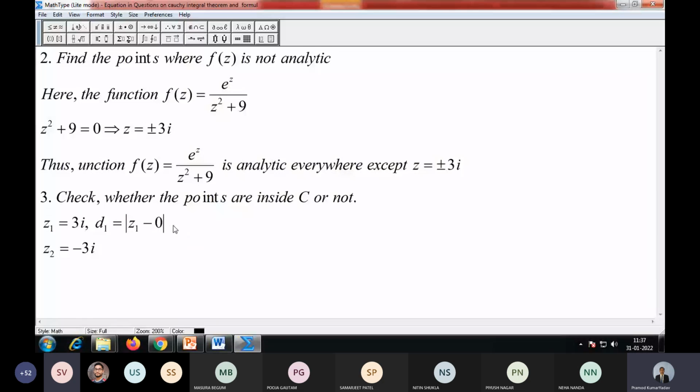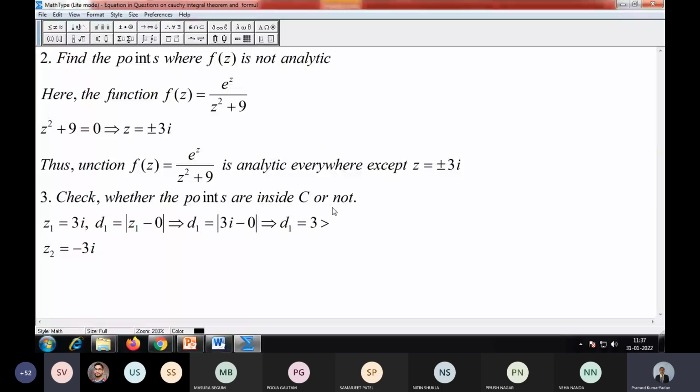So d1 is equal to 3i, in place of z1 we use 3i, which gives 3, which is greater than 2.